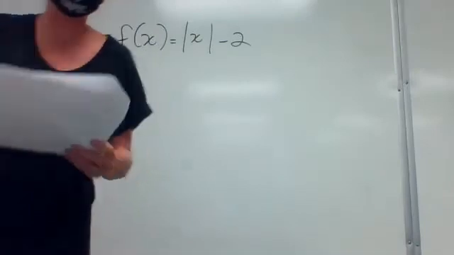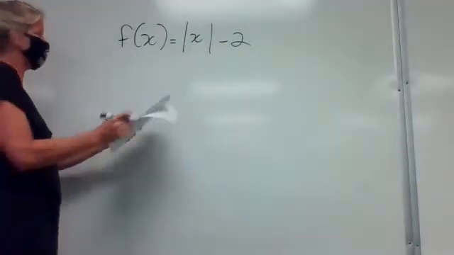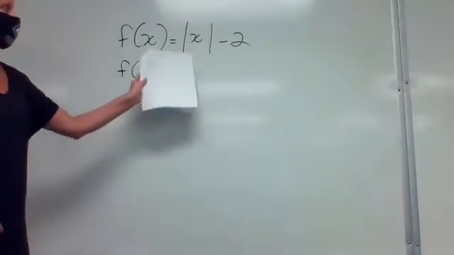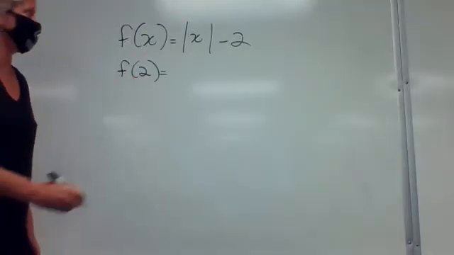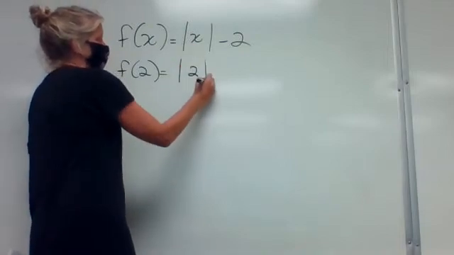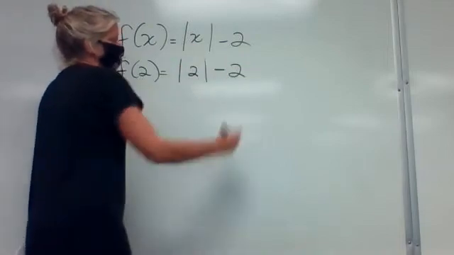Okay, the only thing that's inside the absolute value is that x. The first thing it wants me to find is f of 2, which just means replace that x with a 2. So absolute value, replace the x with a 2, bring down the minus 2.